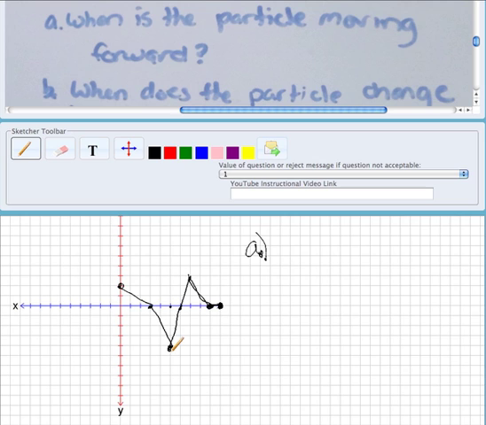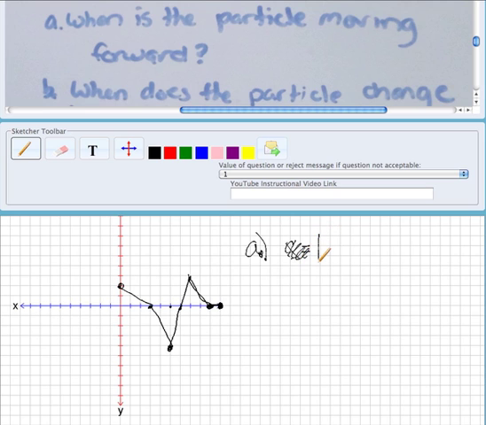Basically what it's saying is, when does this function have a positive slope? So the particle is moving forward when x is, well, we'll just do the interval.